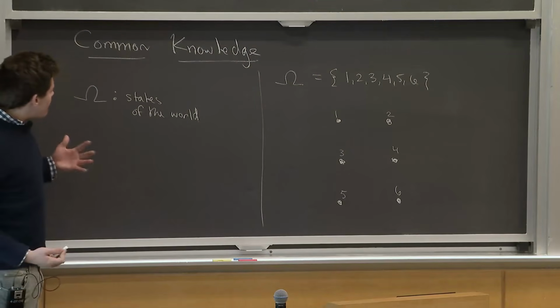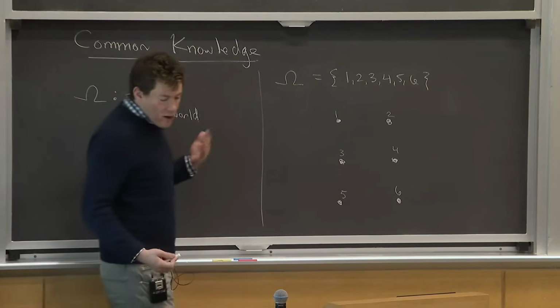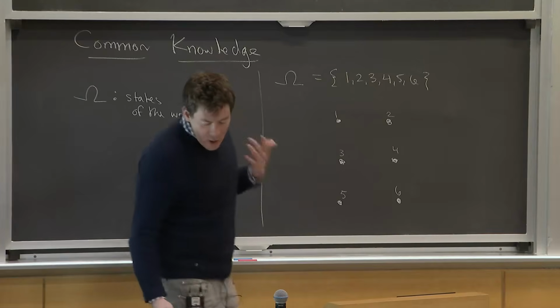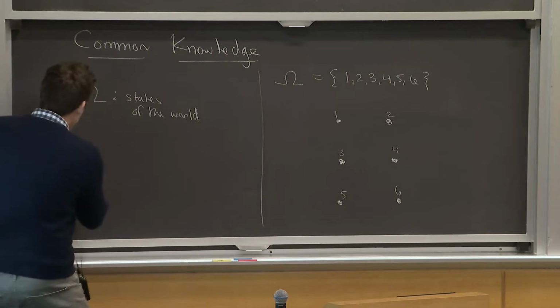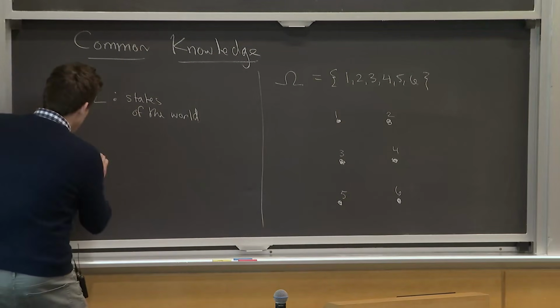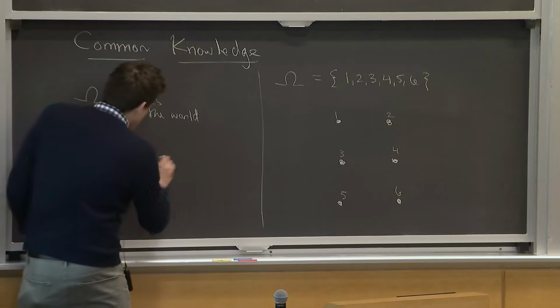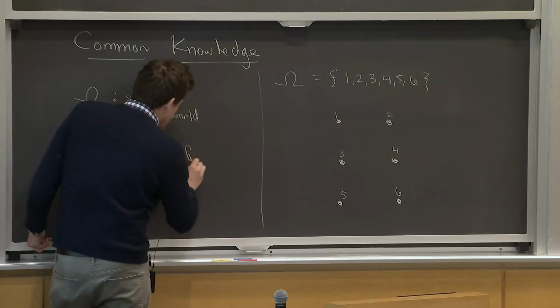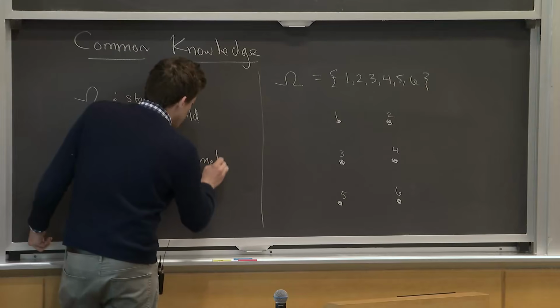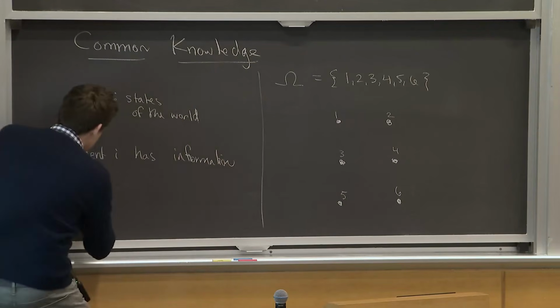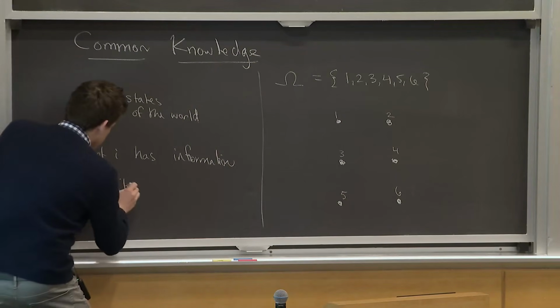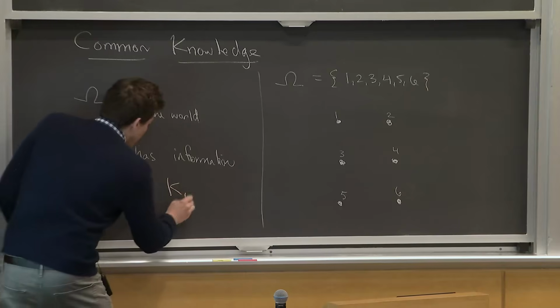And then once we have the set of states of the world, we can then talk about each player's, it's called their information partition. So we're going to say an agent, say agent i, has information partition Ki.